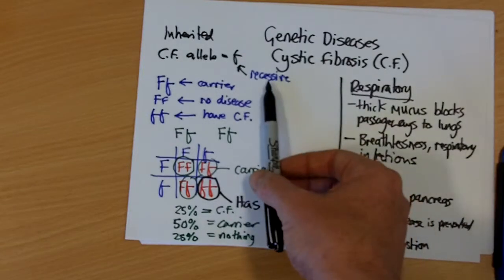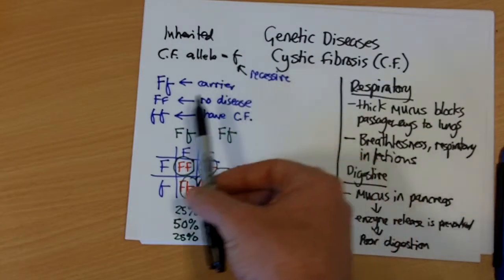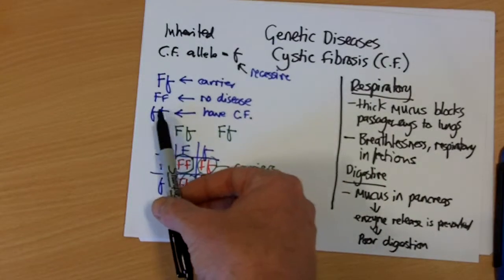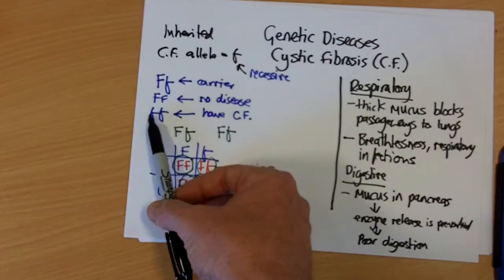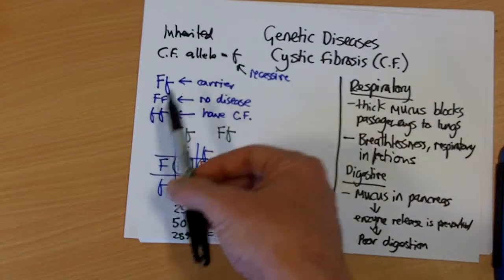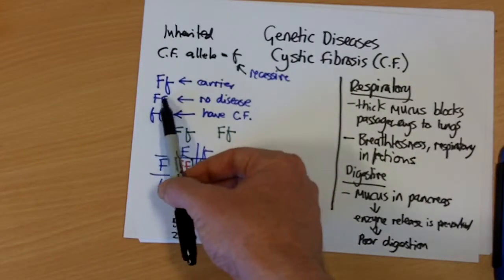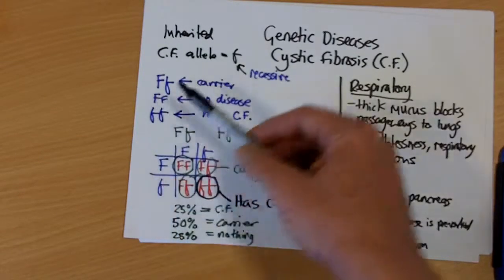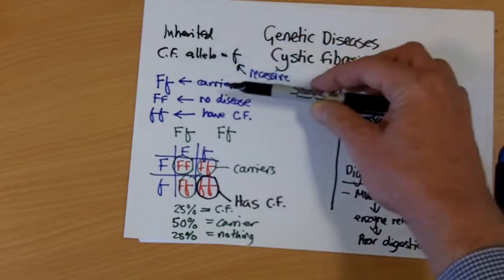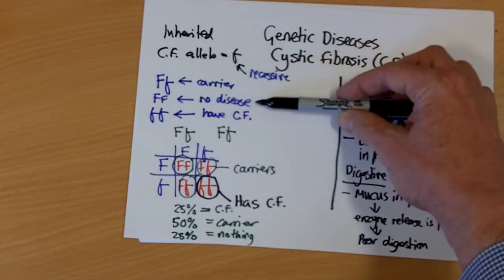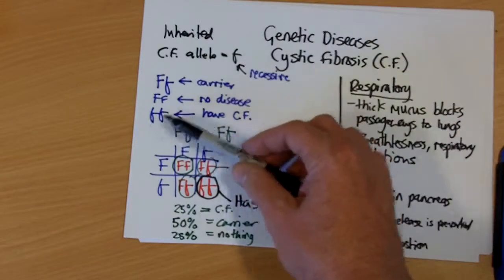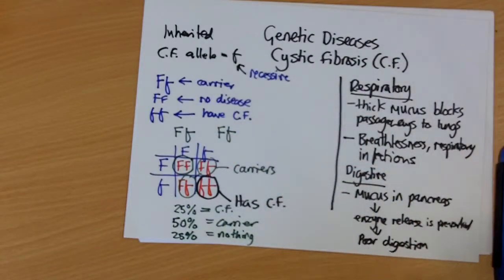It's a recessive allele, which means that you will only have cystic fibrosis if both of your alleles are for cystic fibrosis. The dominant allele, capital F, is not to have cystic fibrosis. If you have one of each, you're a carrier. If you have neither, then you don't have the disease. If you have both recessive alleles, then you have the disease.